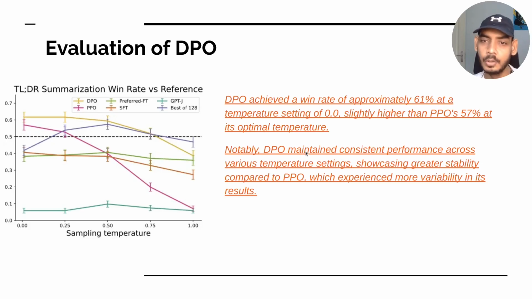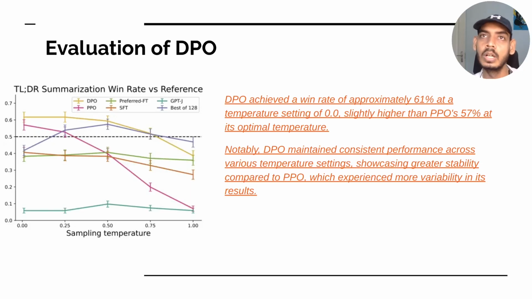Notably, DPO maintained consistent performance across various temperatures, showcasing greater stability compared to PPO, which experienced more variability in its results. Overall, the response generated by the LLM has improved using this approach.